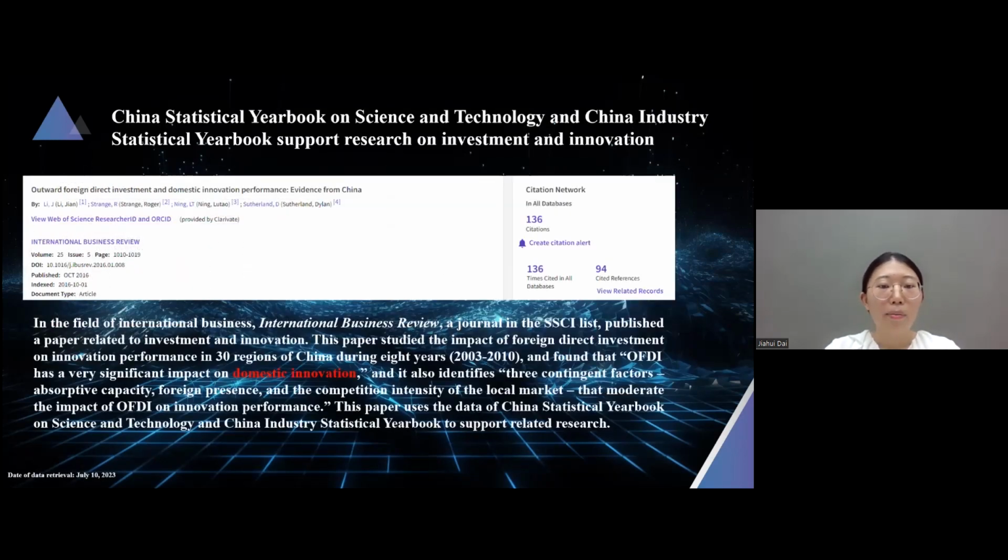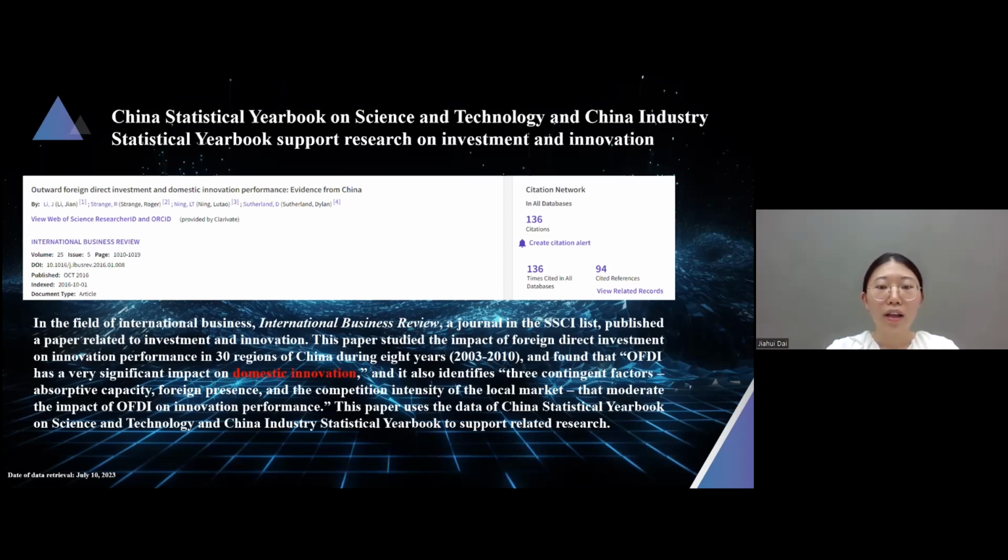In an article about investment and innovation published in International Business Review, the authors studied the impact of outward foreign direct investment on innovation performance in 30 regions of China during 8 years, from 2003 to 2010, and found that OFDI has a very significant impact on domestic innovation.